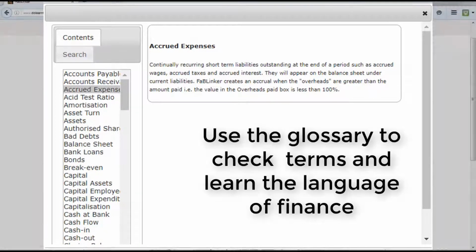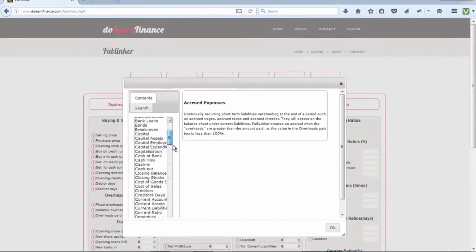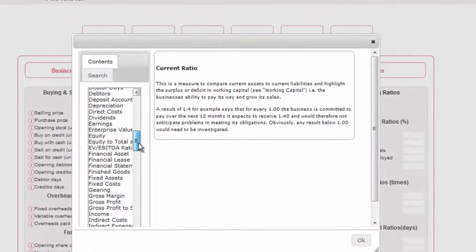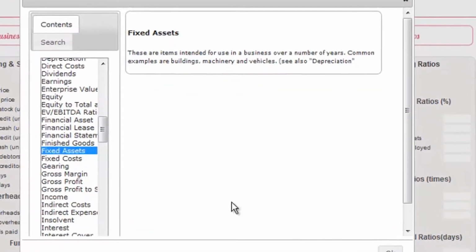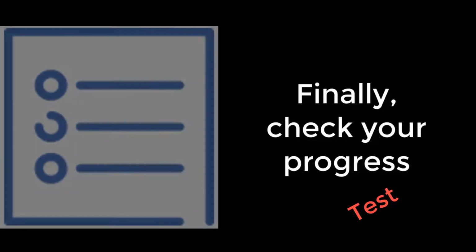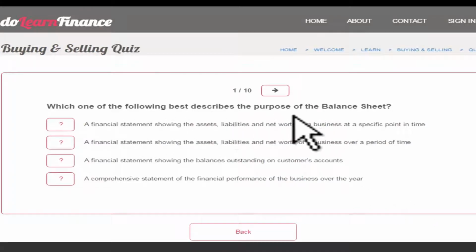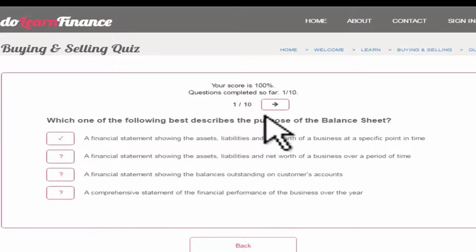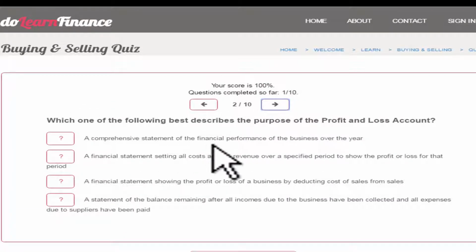But of course, if we don't understand the terms, there is always the glossary. And the final step in the systematic learning process is to check our progress using the online quiz. The quiz and the answers are also contained in the workbook, but it is probably more fun to do it online.